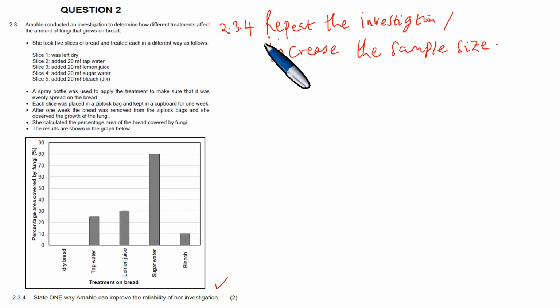You have an investigation that was done, but how do you make sure that the results are reliable, and how do you improve the reliability of your investigation, so that if somebody performs this investigation in another country, in another province, they get the same result? So you need to do this again using new substances.